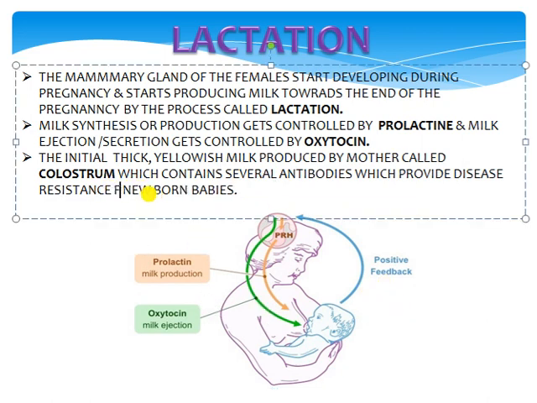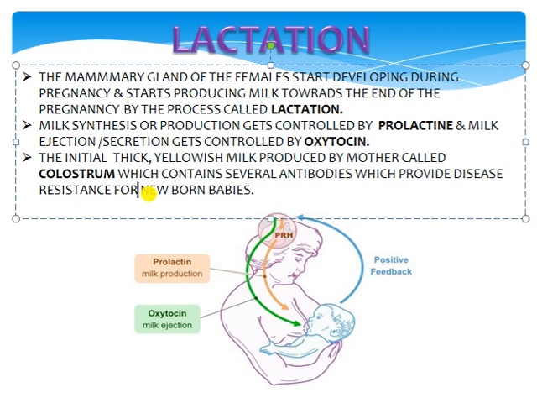Now I think this lactation procedure is also very clear to each and every one. Lactation means not only milk synthesis, but also milk secretion. And here one thing we have to keep in mind, that milk synthesis is controlled by prolactin, but milk secretion is controlled by oxytocin. And obviously this lactation process will start when the baby sucks the nipple.